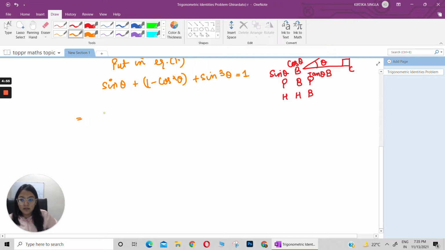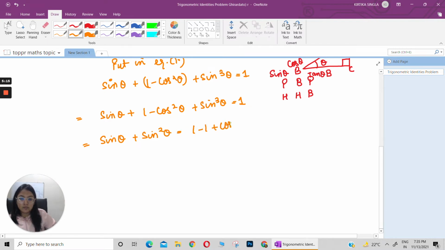Here, we get sine theta plus 1 minus cos square theta plus sine cube theta is equal to 1. We can take this 1 from the right hand side to the left, so the right hand side becomes 0. Let's take the cos term as well, because we already converted it. So it will be 1 minus 1 plus cos square theta.